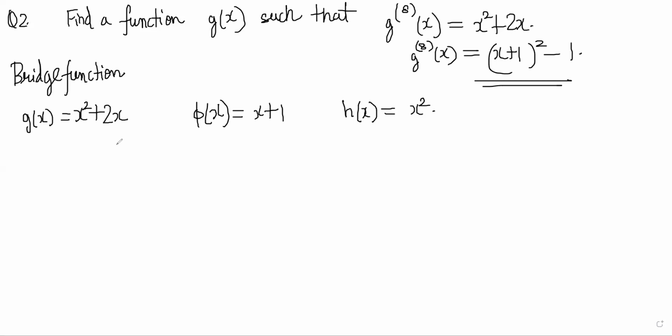Now, how do I know that these functions will work? I'm just checking this condition. I'm saying phi of h of x is equal to g of phi of x, right?